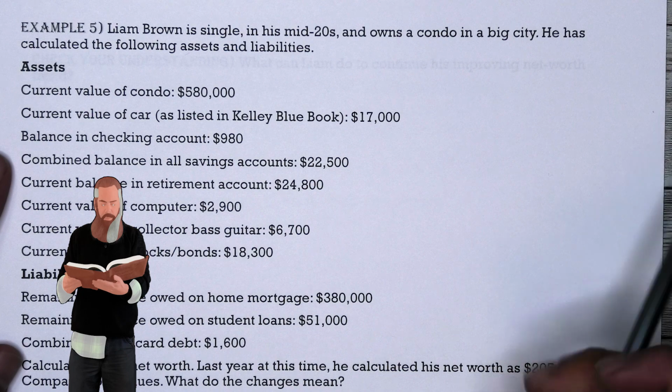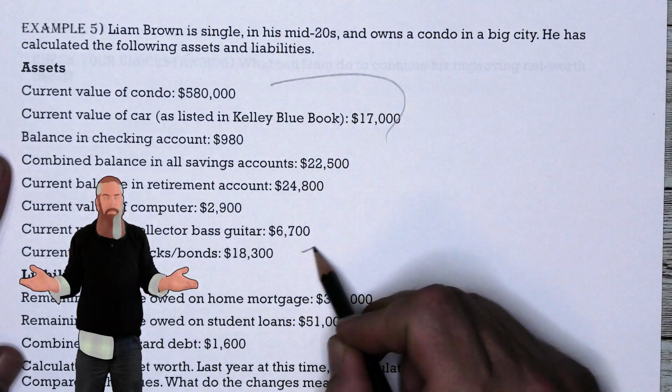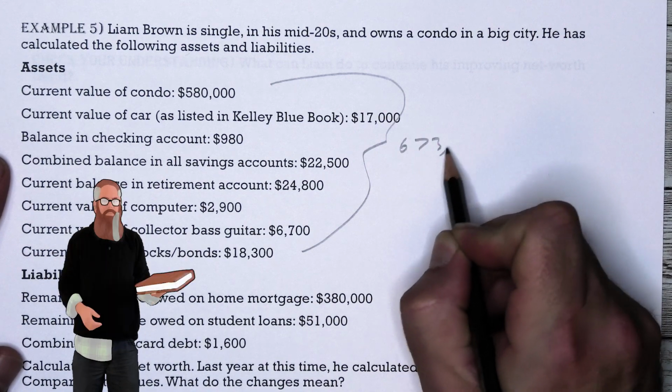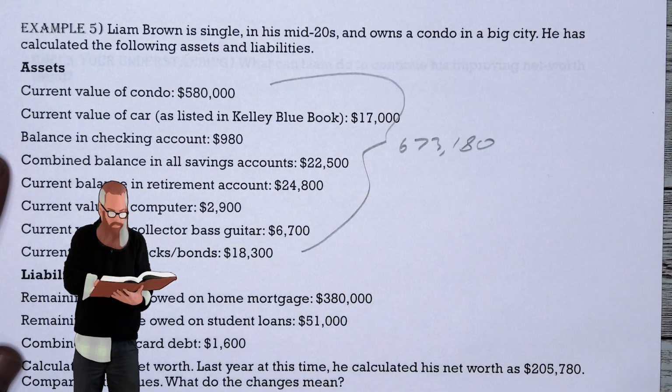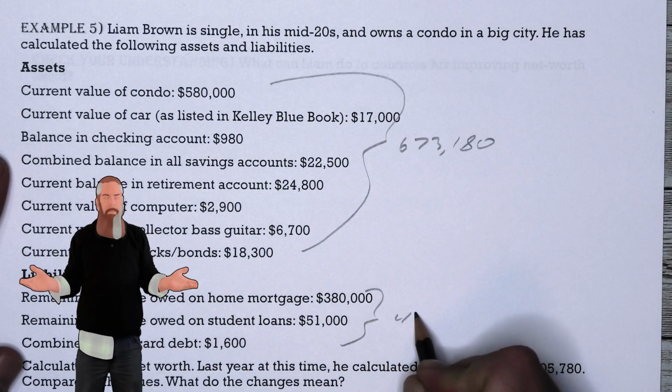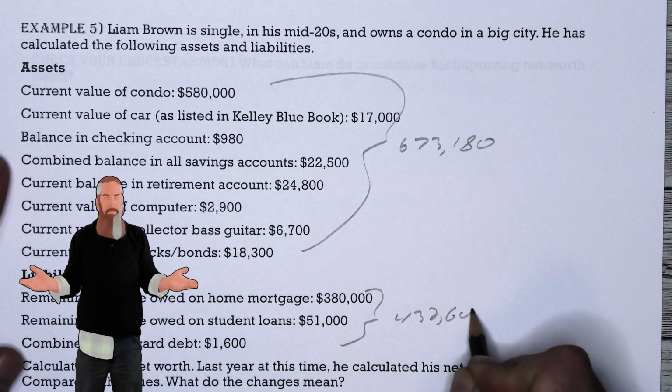So if we add up all of his assets, what we find for that will be $673,180. If we add up all of his liabilities, we find $432,600.